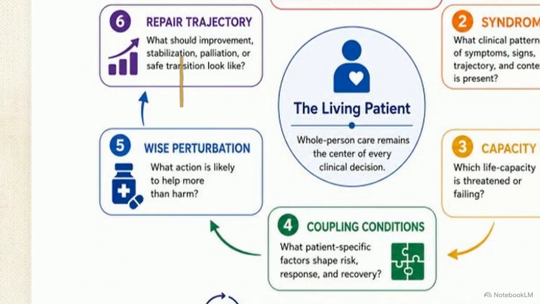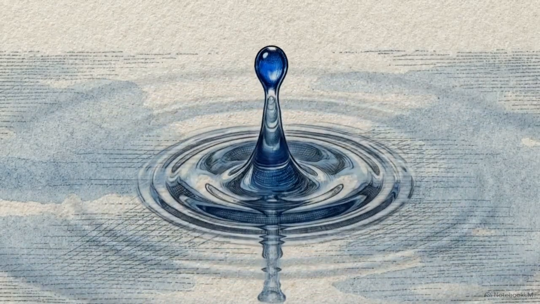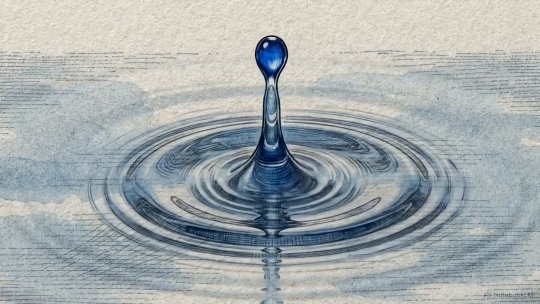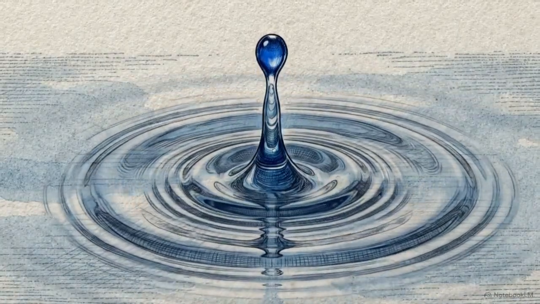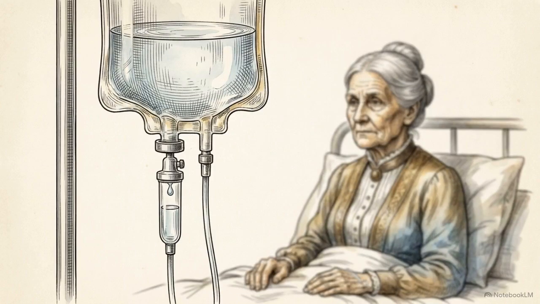Step 5 is wise perturbation. This node dictates how we approach medical interventions. Every medical act, oxygen, fluids, or drugs, is a perturbation introduced into a highly coupled system. Every input causes ripples. For this patient, a heavy dose of diuretics is an intervention designed to clear her lungs and improve her oxygenation.